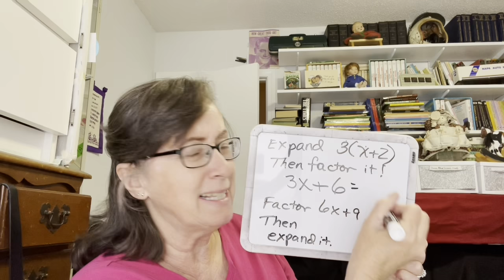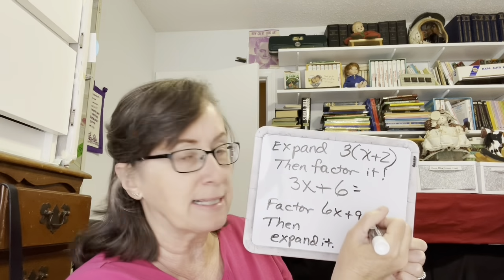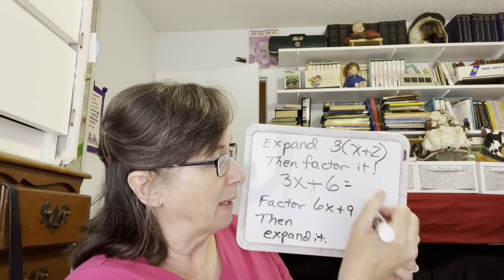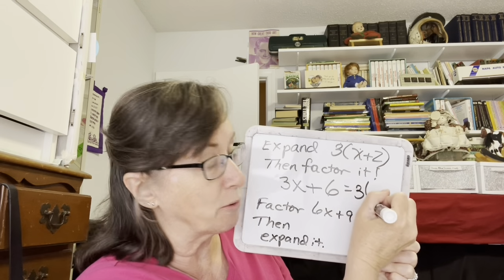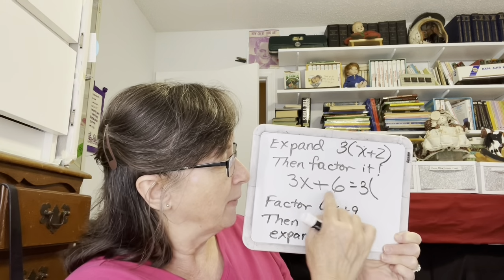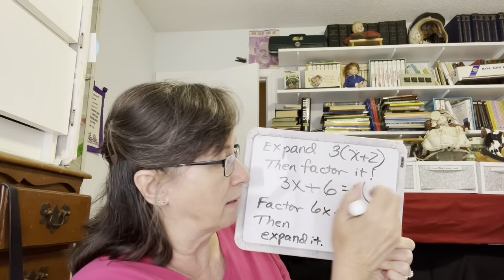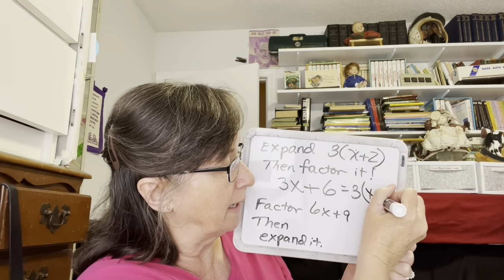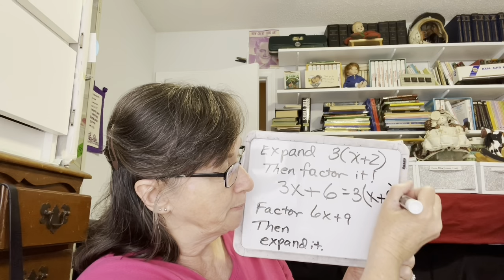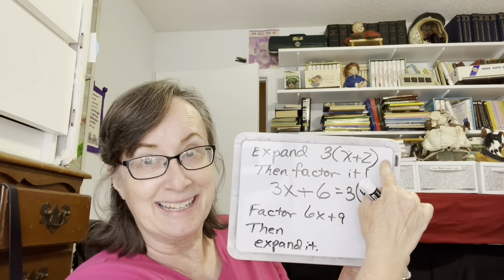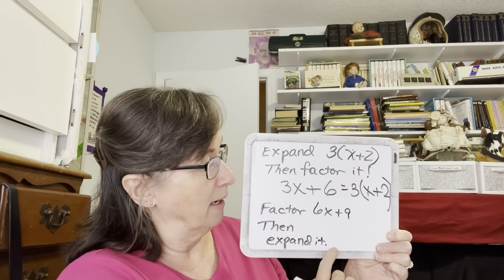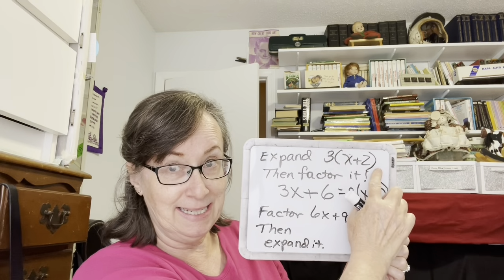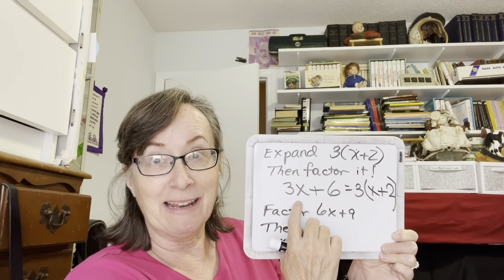So we're going to say, what do 3x and 6 have in common? They both have a 3. We pull the 3 out to the front. And then 3x divided by the 3 is the x. 6 divided by the 3 is the 2. And this is our original expression. So we expanded it, and then we turned around and factored it.